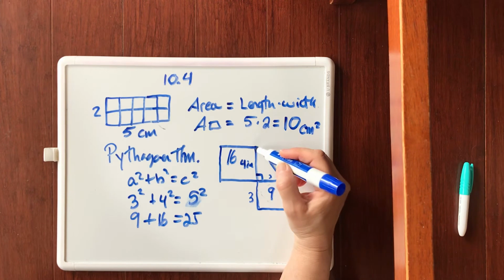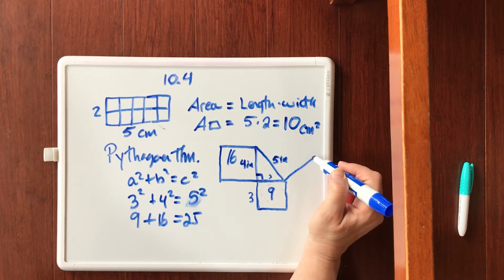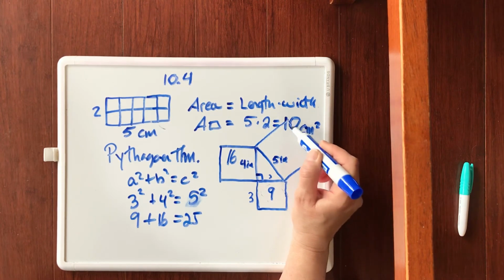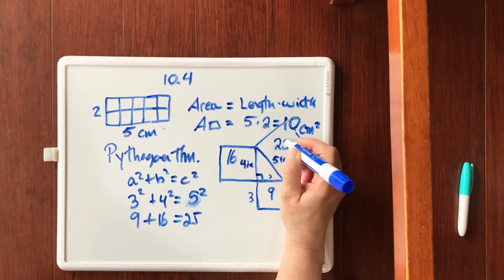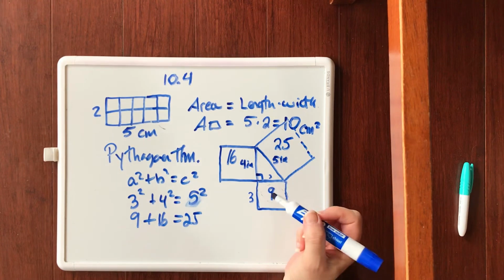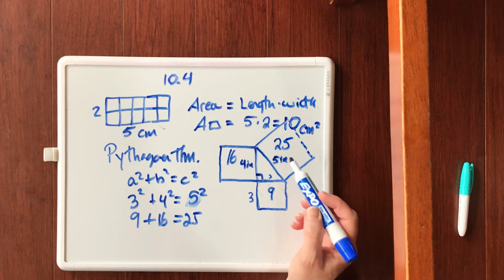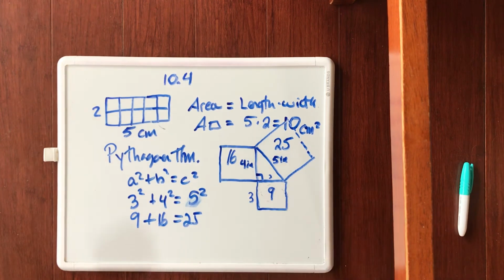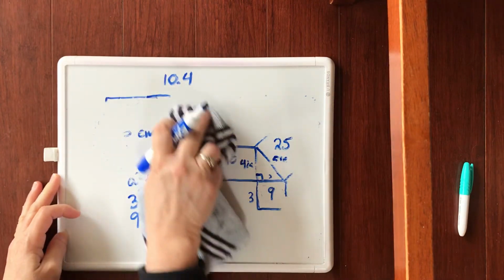Same thing over here. If this length is 5 inches, and we multiply 5 times 5, we will get 25. So that's basically where the Pythagorean theorem comes from. 3 squared and 4 squared equals 5 squared.